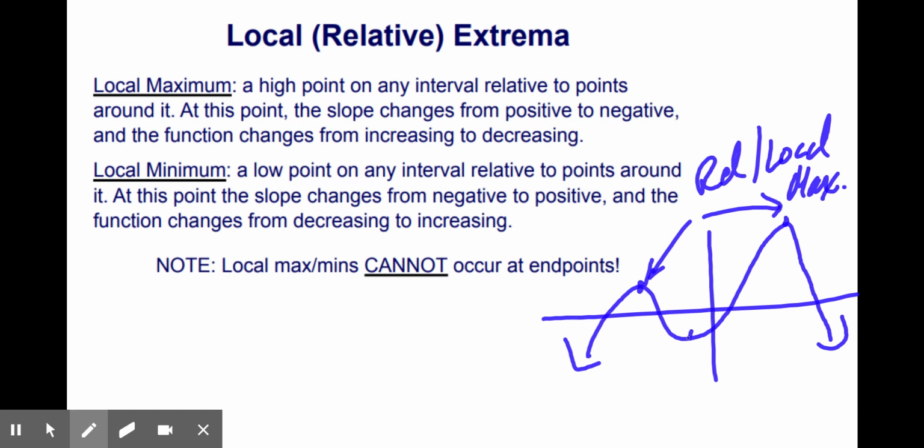Now, this point down here is where the graph changes from decreasing to increasing. This point is a local or relative minimum. An important thing that you need to know about local maxes and local mins is that they cannot occur at an endpoint.